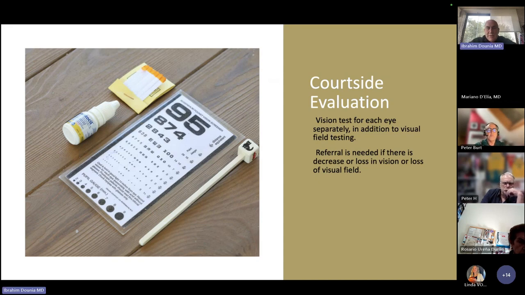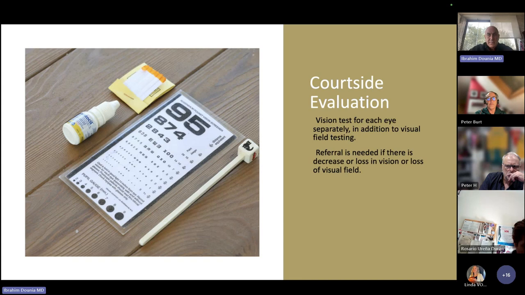You should do a vision test for each eye separately when you have a trauma, in addition to confrontation visual field testing. Referral is needed if there is decrease or loss in vision or loss of visual field.